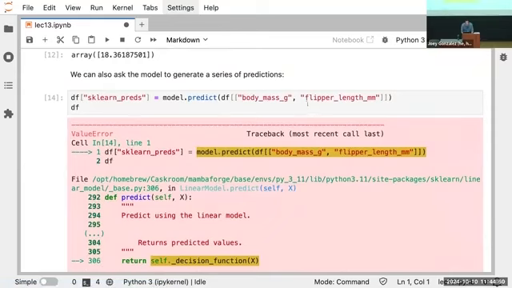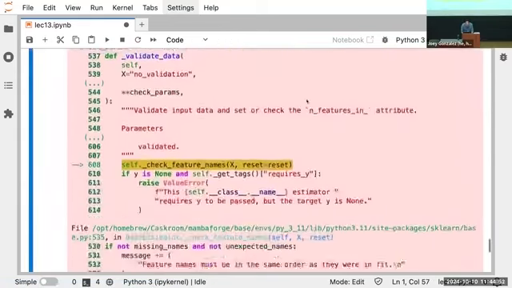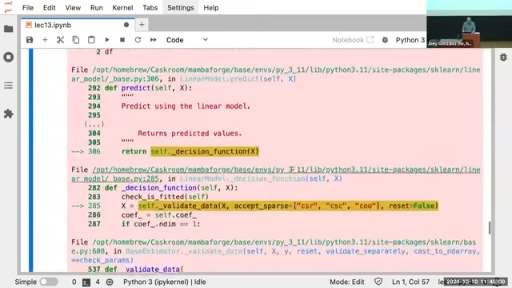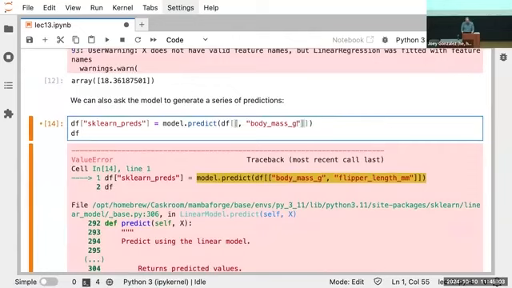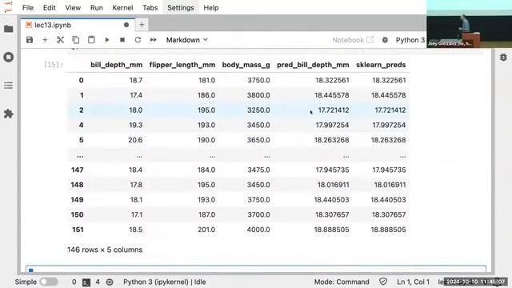Make a typo. What will happen? It gives me an error. I was hoping it would run, but it tells me it cannot run. Why? Because I messed up my column order. So it's sensitive to the names. Safety feature.